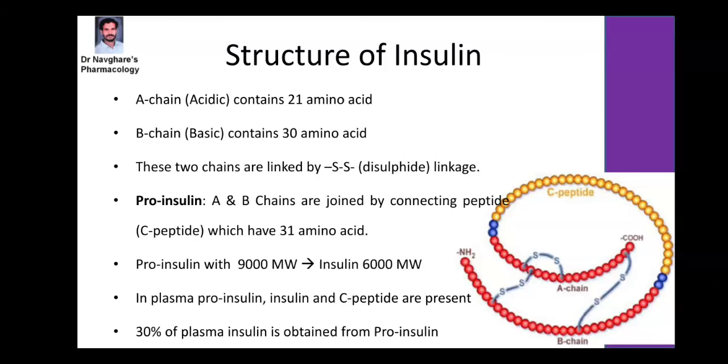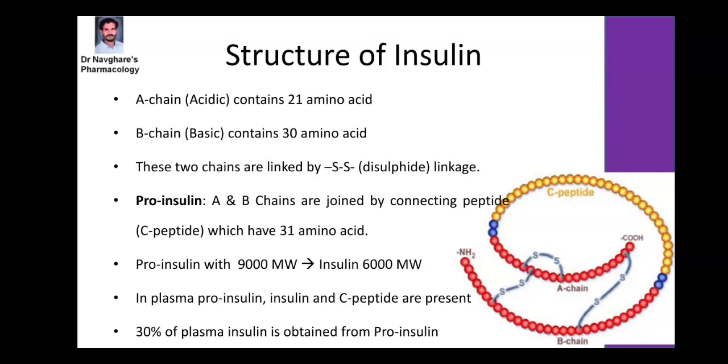So proinsulin is composed of all three types of chain. When C peptide separates, it gives the insulin molecule. Proinsulin has a molecular weight of 9000, whereas the insulin molecule has 6000.